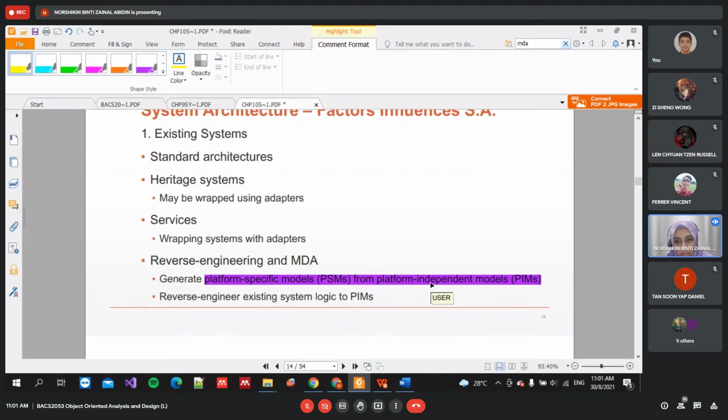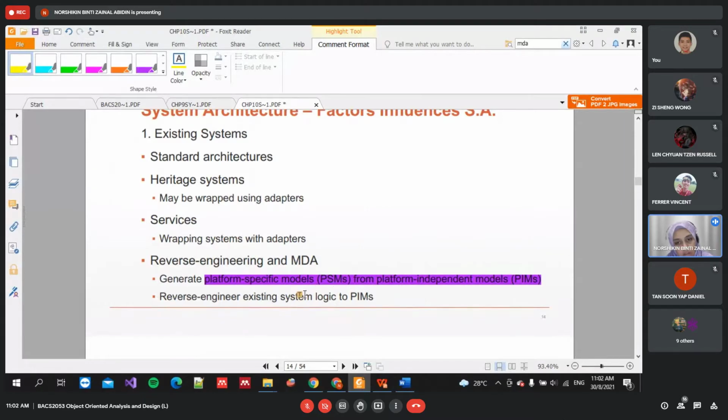That means it is independent platform for PIMs. And then we have PSM. PSM is a framework, a conceptual structure intended to serve as a support or a guide.